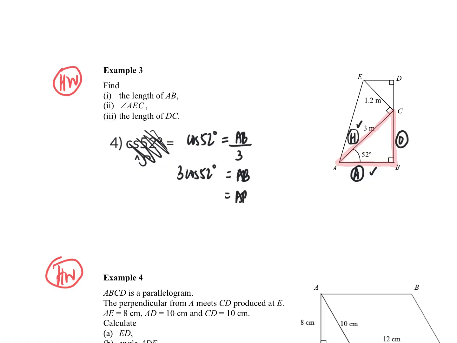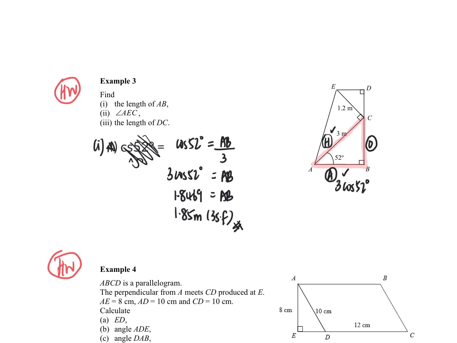What's the value? 1.85 meters. 3SF. Okay, but when you copy onto the diagram, use the more exact one. So you can change it to 3 cosine 52 degree. Part 1. Okay, next is part 2.